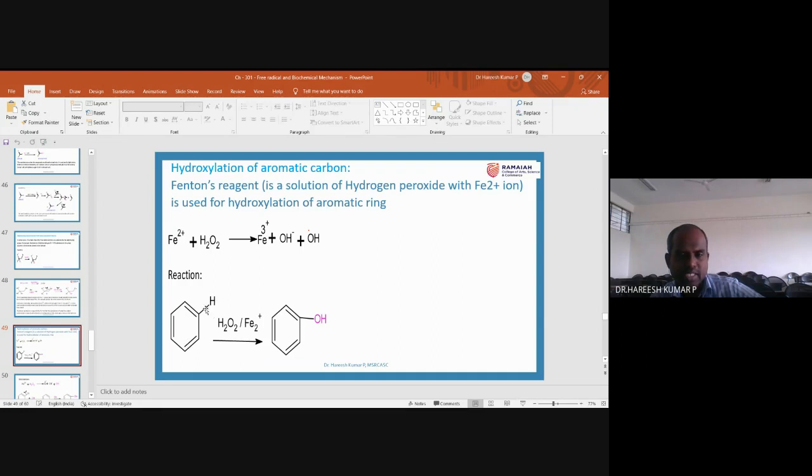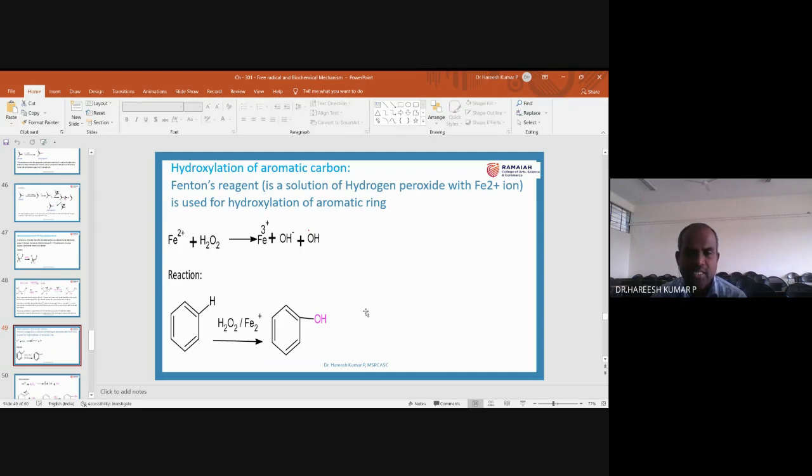The CH bond undergoes homolytic cleavage, and the obtained phenyl radical reacts with the hydroxyl radical, giving rise to phenol as the product. So overall, in this process, benzene is converted into phenol.